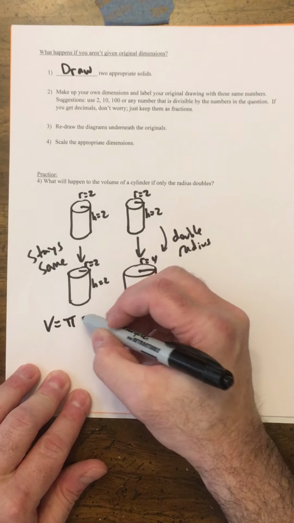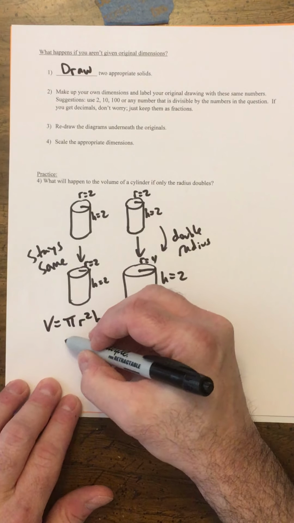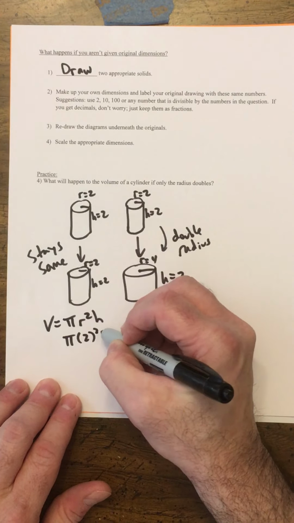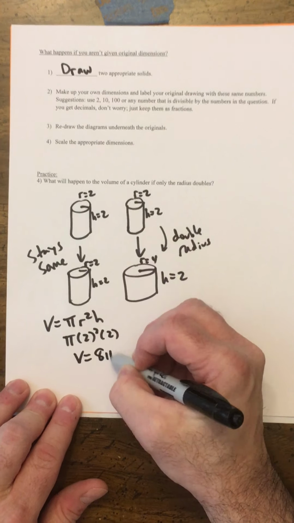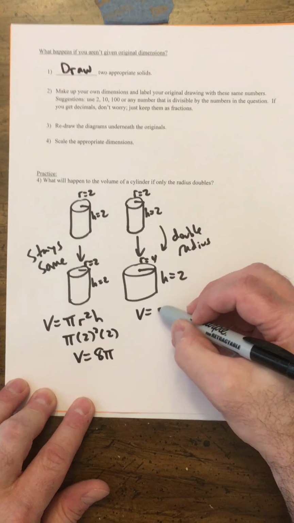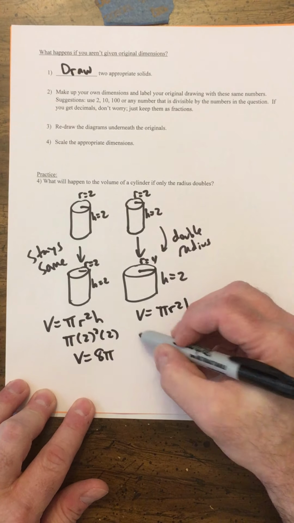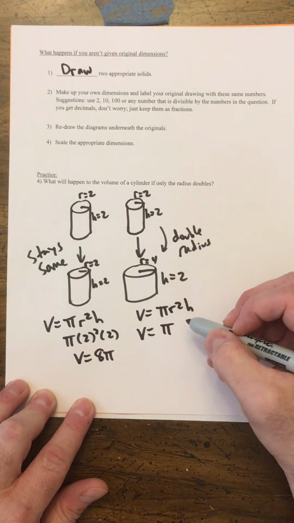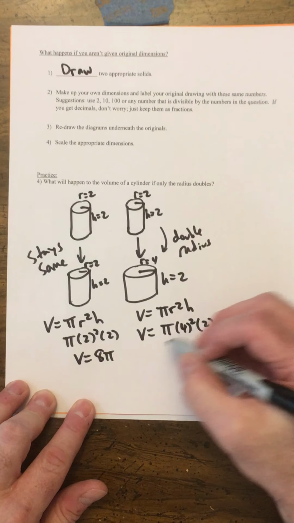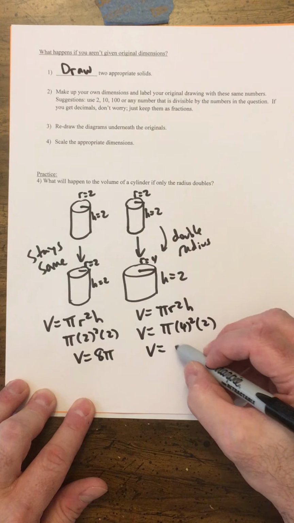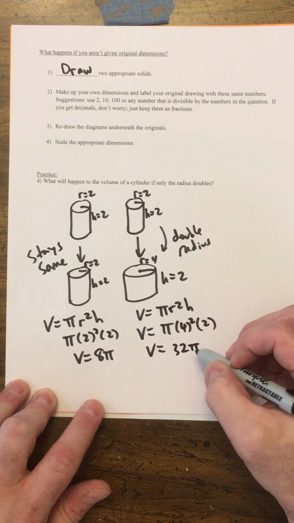So remember, for a cylinder, it's pi r squared h, pi times 2 squared times 2. We're getting a volume of 8 pi here. Here, again, I'm going to use the same formula, but now I'm going to use the new dimensions. The radius became 4, the height didn't change. Working this out, it becomes 32 pi.